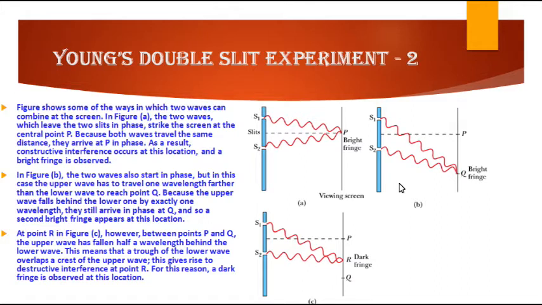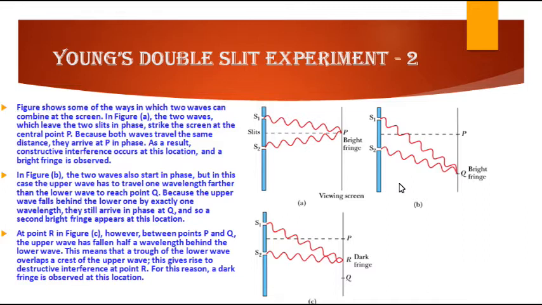Now in the next figure you can see there are three figures. This figure shows some of the ways in which two waves can be combined at the screen. Figure A says that the two waves which leave the two slits in phase strike the screen at the center point P. So in figure A you can see the two waves coming from two slits are striking at P and a bright fringe is formed at P. Because both the waves travel the same distance, they arrive at P in phase.